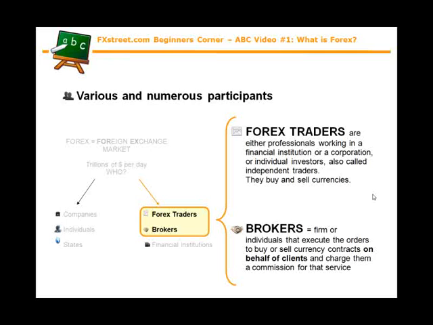These traders need the help of a third party to access these transactions. That third party is known as a broker, a firm or individual that executes the order to buy or sell currency contracts on behalf of clients and charges them a commission for that service. We are going to talk a bit more about this one later in another video, okay?